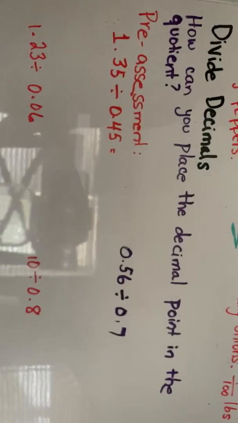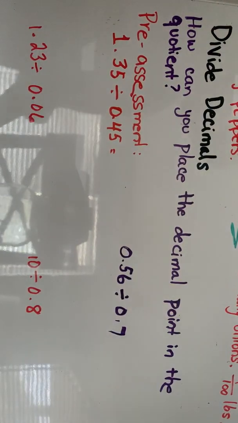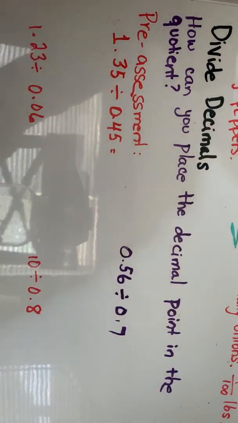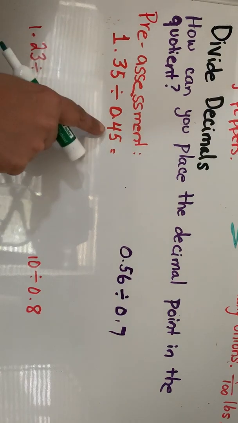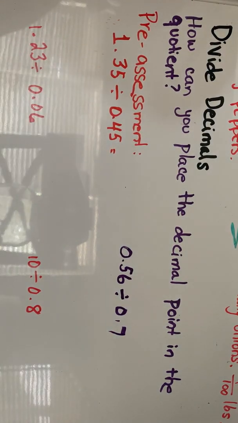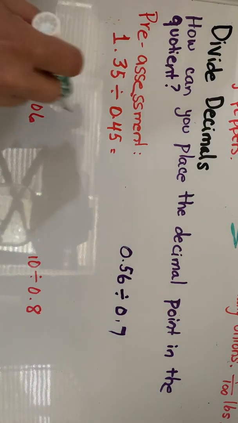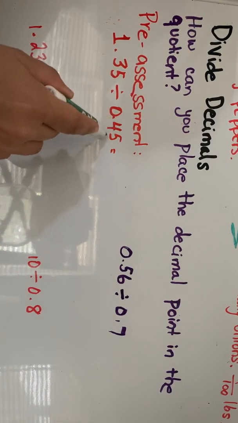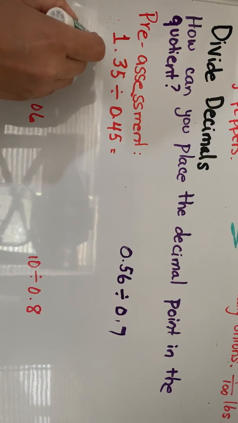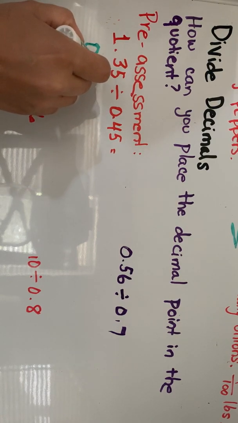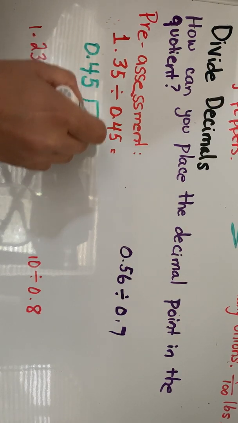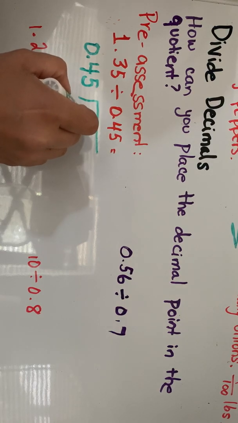So here we go. Here is how I'm gonna set it up. The 45 that I have here per pound is going to be my divisor. And whenever I divide, my divisor goes on the outside and my dividend goes inside the house.